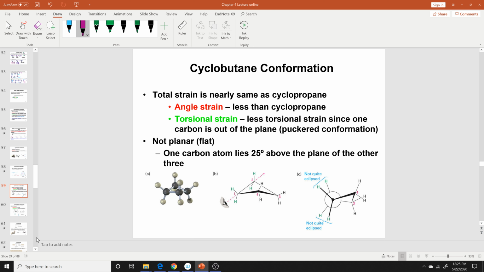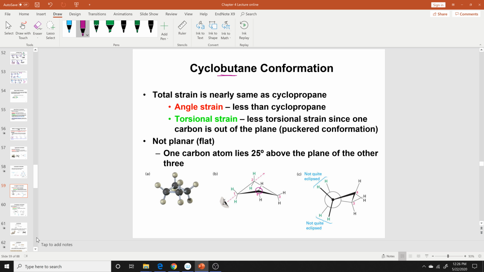With respect to cyclobutane, again, I have an angle strain and a torsional strain, but the difference here is that cyclobutane is a 4-carbon cycle. So now I can decrease the energy of my structure a little bit by taking 1 carbon out of the plane. See that carbon over here? I can take it out of the plane, and I'm showing it pointing up. Pointing up means that it's out of the plane pointing towards you, and we call this type of conformation a puckered conformation.